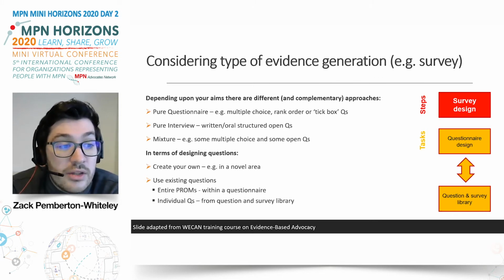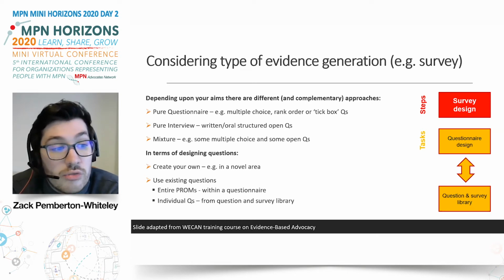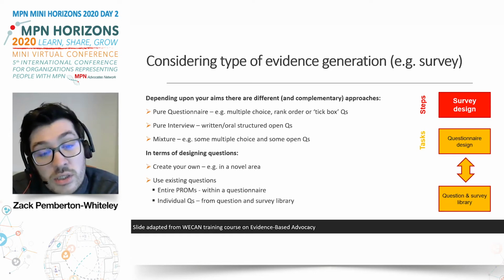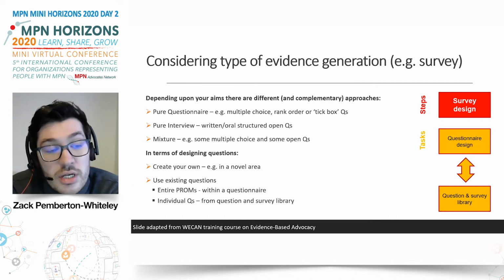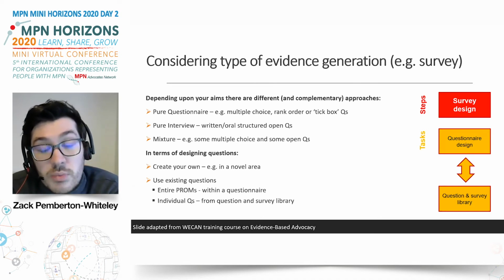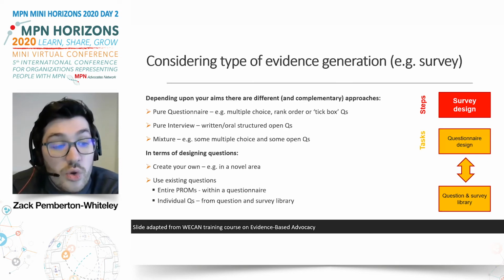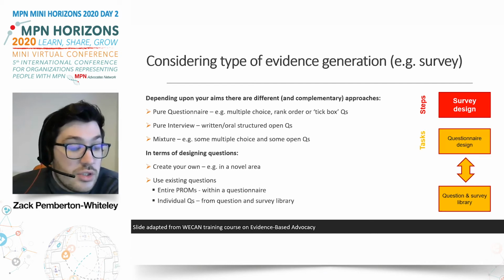But normally there's a lot of existing questions out in the public domain that you can look at, replicate, and build on. In particular, EORTC has an item library where you can look up questionnaires that have already been designed, and you can use entire tools as part of your questionnaire, or you can pick individual questions and build them in alongside the new questions you've created.